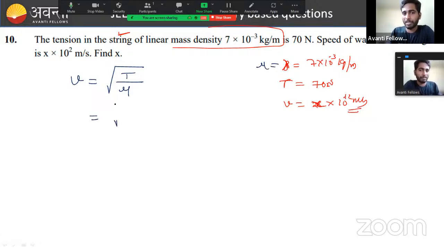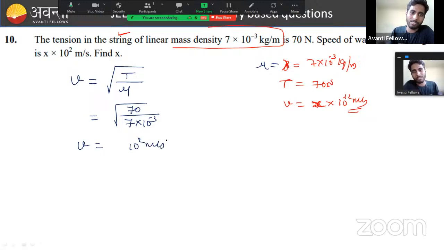Hence this value can be written as 70 divided by 7 into 10 to the power of minus 3. Solve this and you will get 10 to the power of 2 meter per second, which is 1 into 10 to the power of 2 meter per second. Hence the x value is 1.